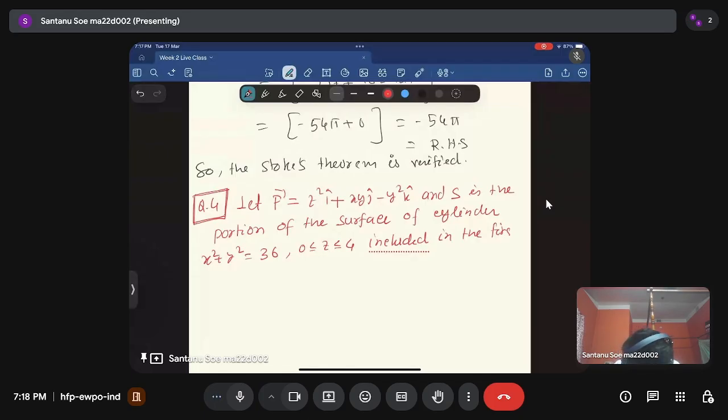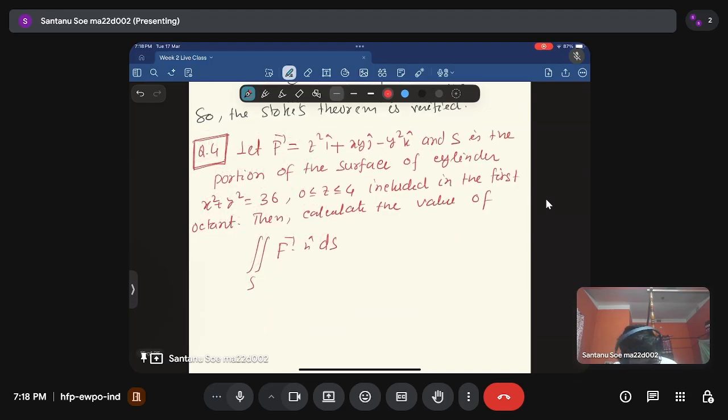Then calculate the value of the surface integration.